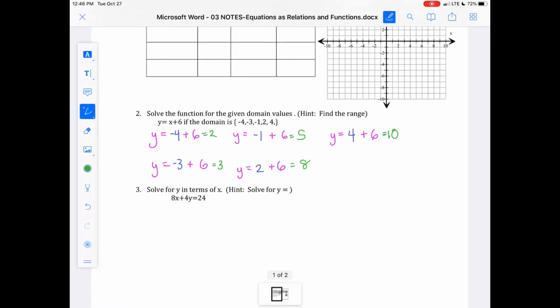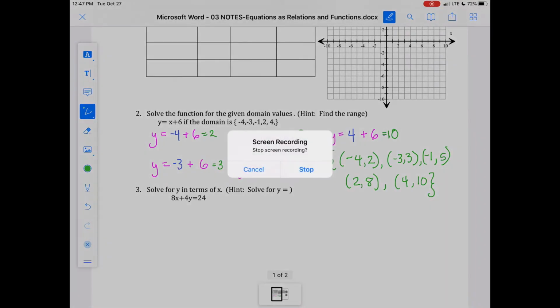And then from there, we would write that as an ordered pair because what we were looking for was the range. And there is our function.